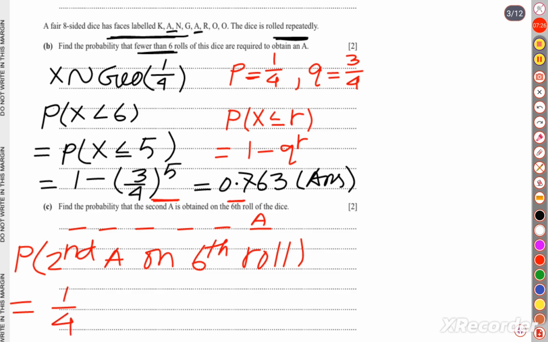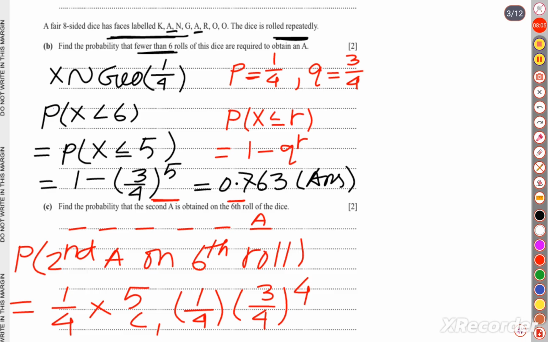But among the previous five trials we don't know the exact number of success, but there is only one success among the first five. So among five there is one success, 5 choose 1. The probability of succeeding is 1/4, and the probability of failing, that means the rest four times we failed, is 3 over 4. So once we succeeded and four times we failed, it is to the power 4.